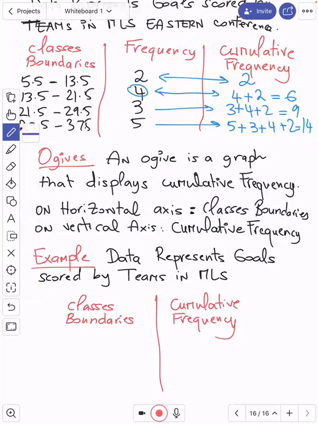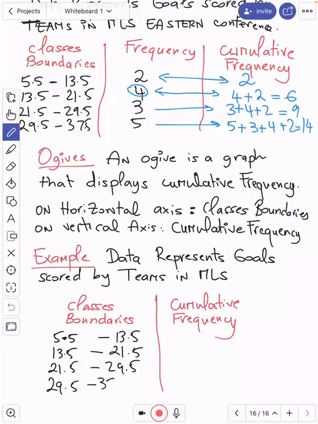Here we have 1.5, 9.5, and then 37.5. Here, for cumulative frequency, we have 2, 6, 9, and 14.